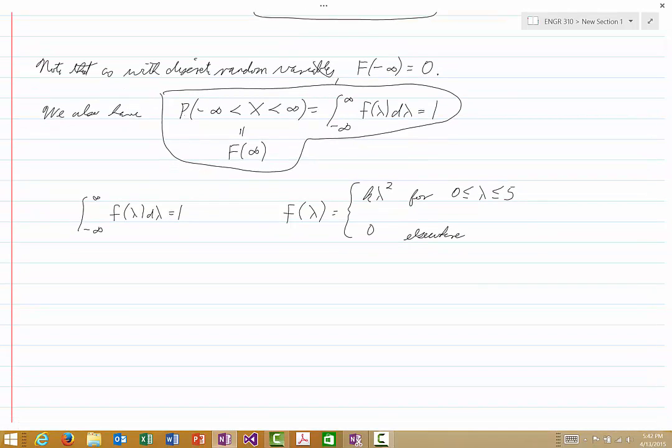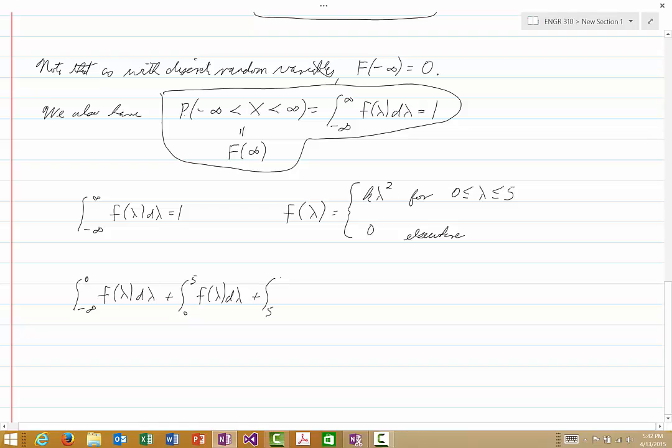So this integral on the left-hand side could be written as follows. We can break this up into an integral from negative infinity to 0, plus an integral from 0 to 5, plus an integral from 5 to infinity.